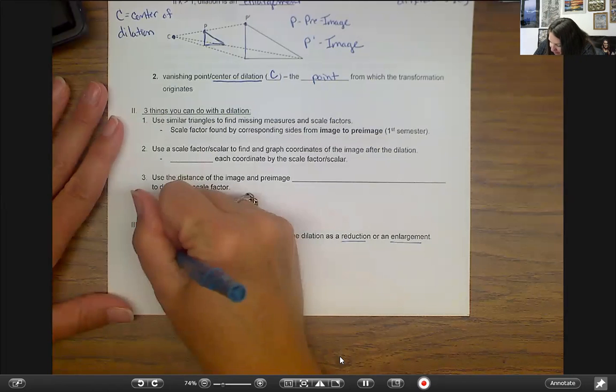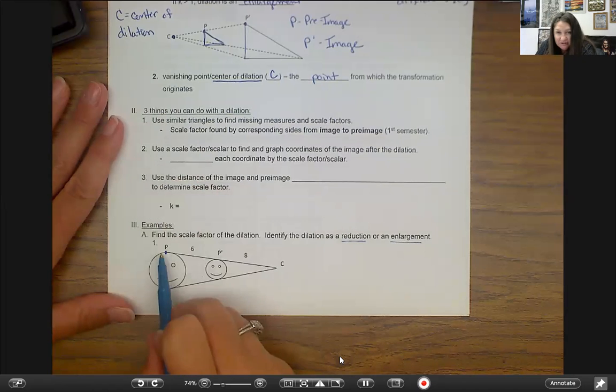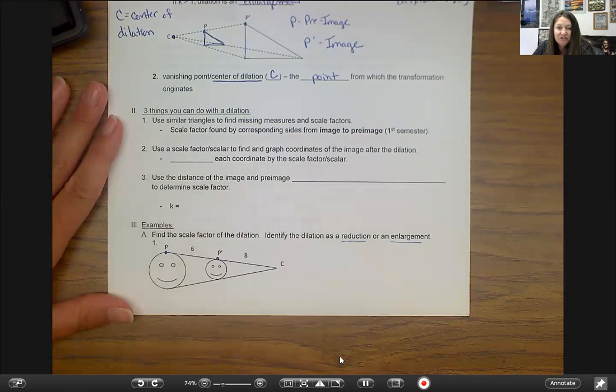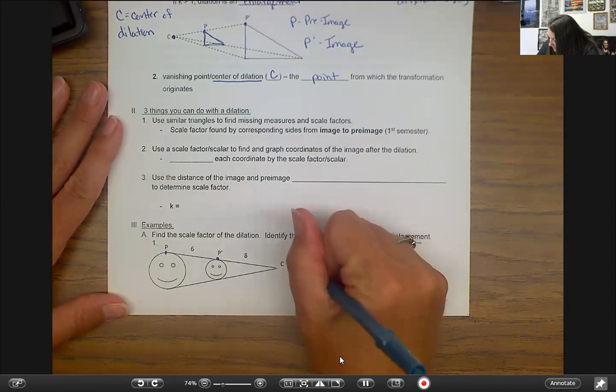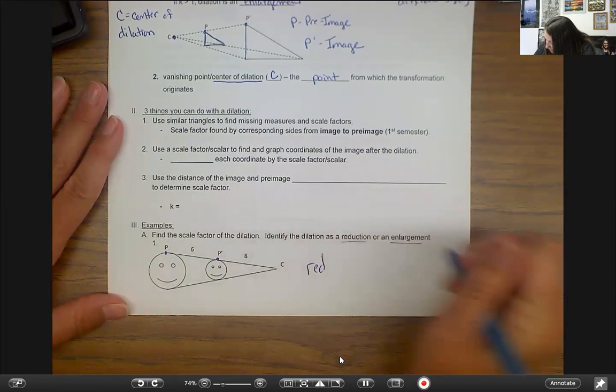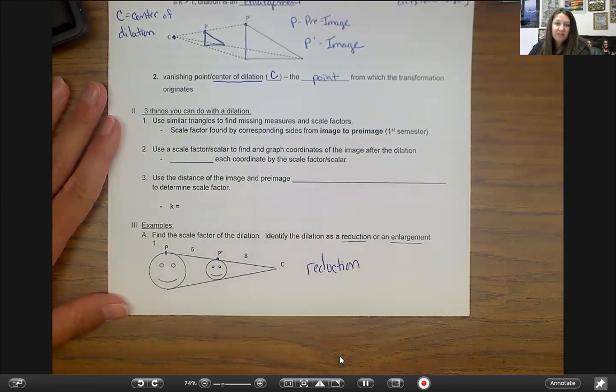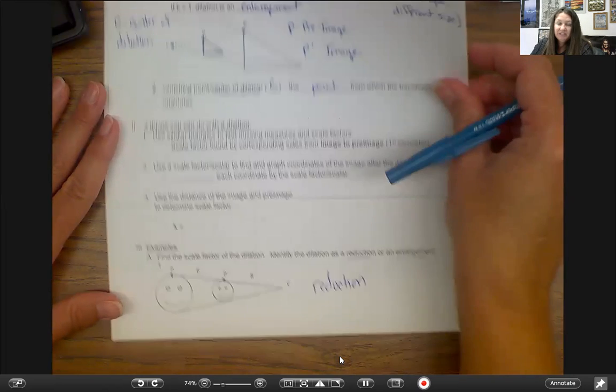So here I can see P would be my original. P prime represents my image. I should see that where we have our prime notation, this is a smaller figure. So this is going to represent a reduction. So always look carefully to determine if you have that enlargement or reduction.